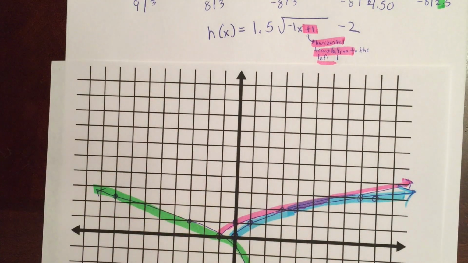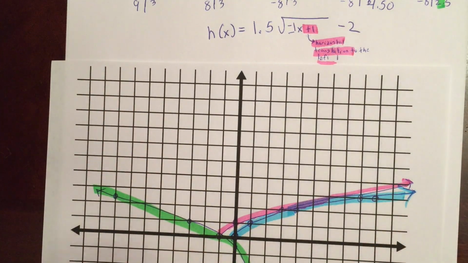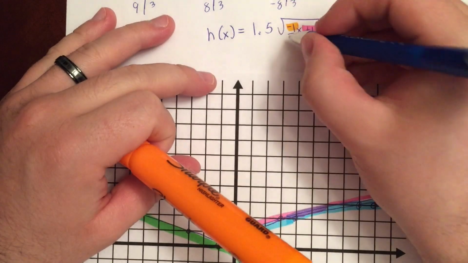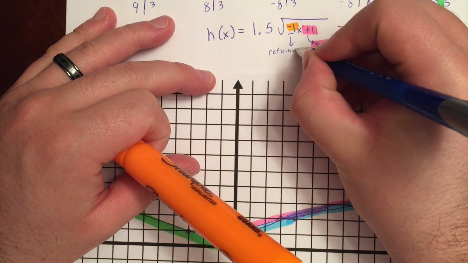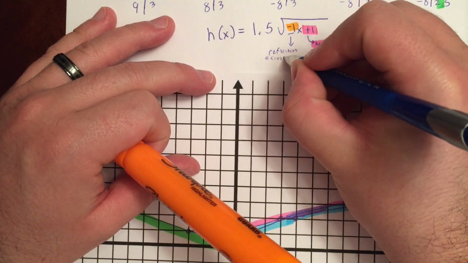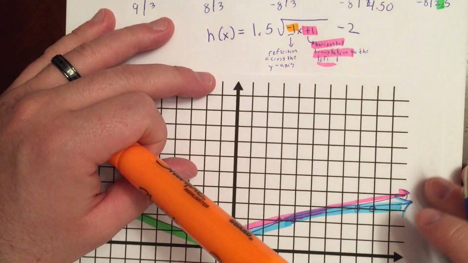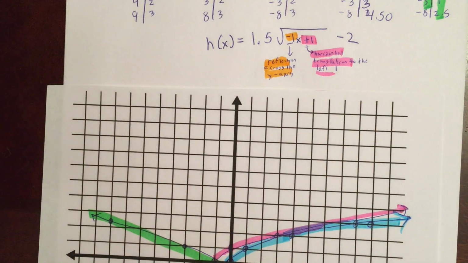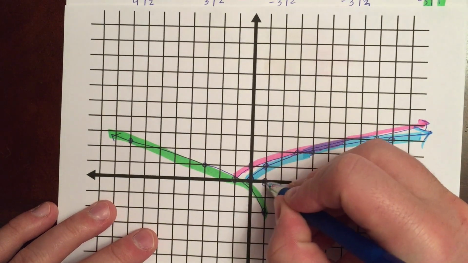Okay? This negative 1 is now going to be a reflection across the y-axis. We're going to take this pink line and reflect across the y-axis. The point goes here.